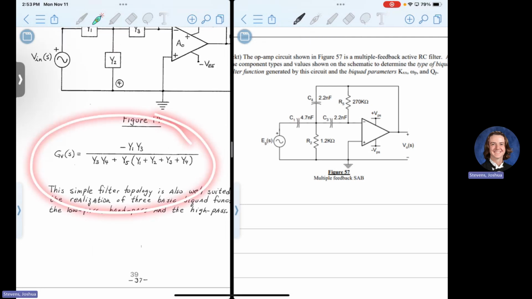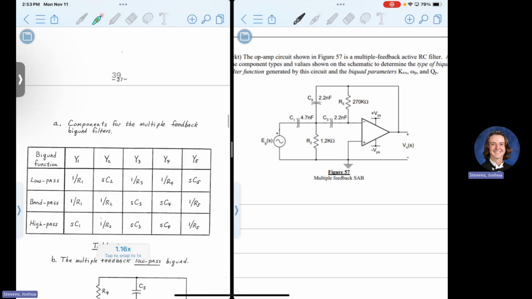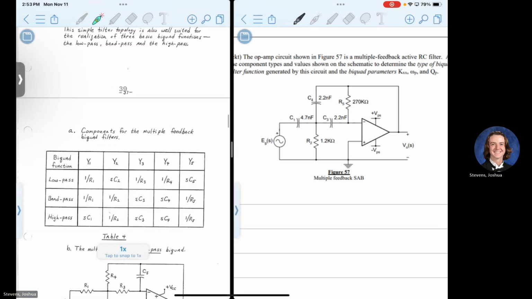I'm sorry, admittances. We need to be in admittances. If you scroll on down, we have this handy table that tells you if something is a low pass, band pass, or high pass. So look at what is C1, or what is the first parameter? What would be our Y1 in this?